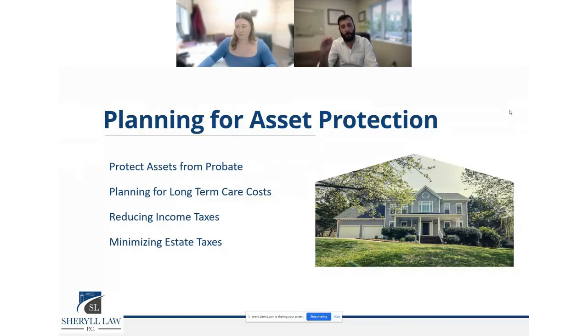Now, I'm going to spend the majority of our time today talking about long-term care costs. I will briefly tell you about estate taxes. And if this is something that concerns you, call our office. We'll give you some materials about it. Because estate taxes will only affect estates where the assets are approaching, if not more than, about $6 million. Okay?